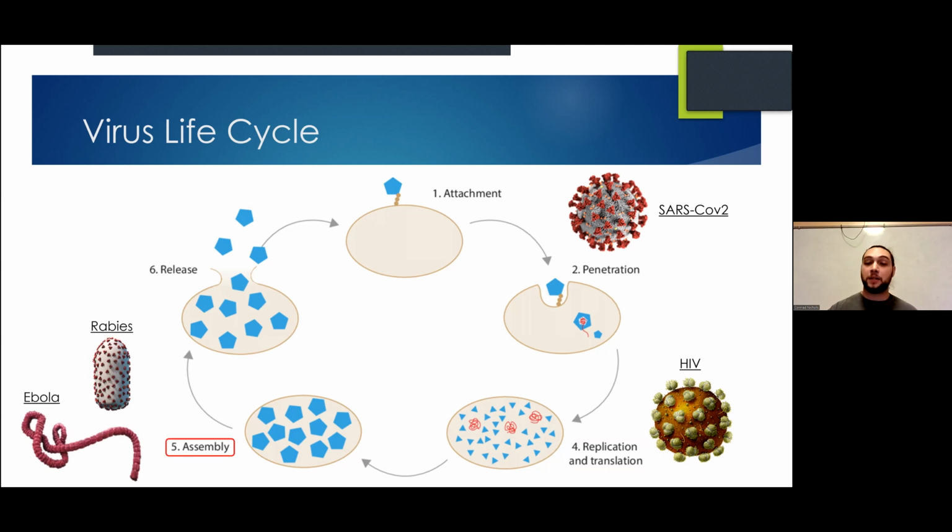Now, the next one we have is assembly. So once all the pieces are made, all the little building blocks of these viruses, all the proteins have been translated, they then have to come together to form new particles. And what we have here is an Ebola virus and a rabies virus. Both of these viruses assemble, they put all their pieces together, on the plasma membrane of a cell. So if you think back to Biology 101, you have a nice little circular cell, and it has a plasma membrane on the surface.